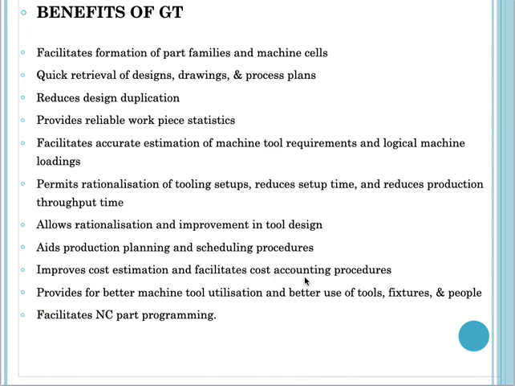If you make a subgroup of them, it automatically becomes easy for accounting as well. It also provides better machine tool utilization, better use of tool fixtures and people, job satisfaction, and facility in NC part programming as well. So these are some of the benefits of group technology.